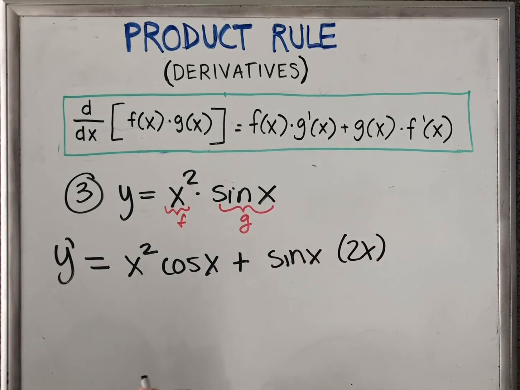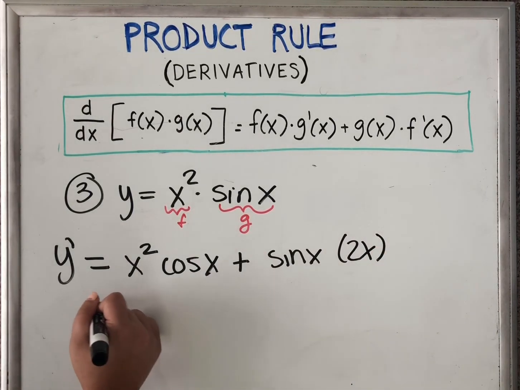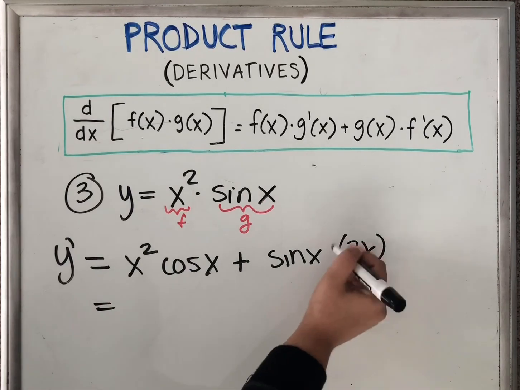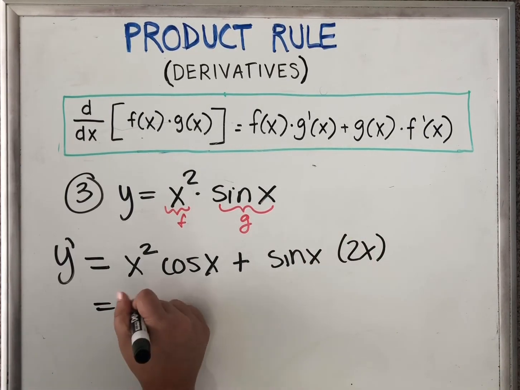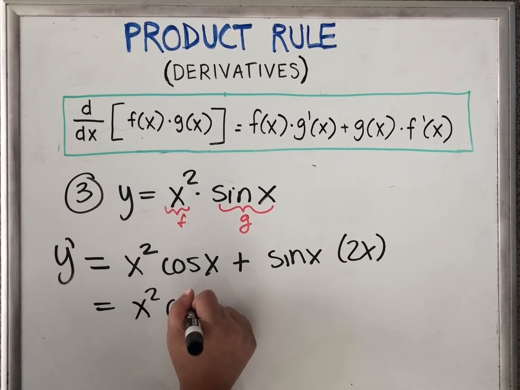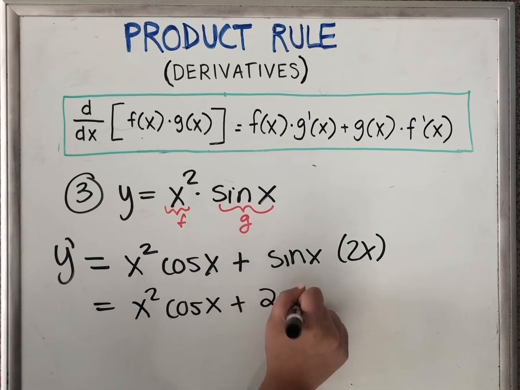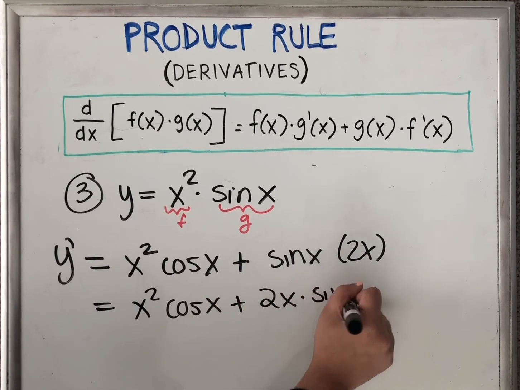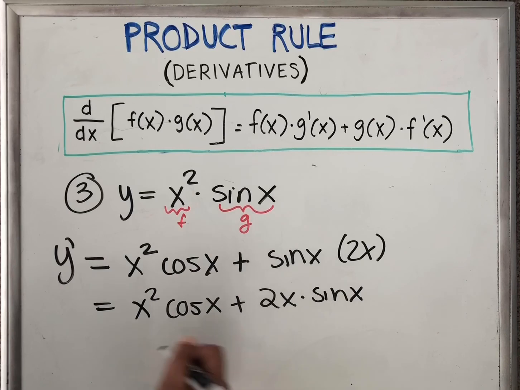And we can clean this up a little bit. I usually like to write the smaller term in front of the trig, so x squared cos x plus 2x times sine x. From this point, you can go ahead and pull out an x if you would like.